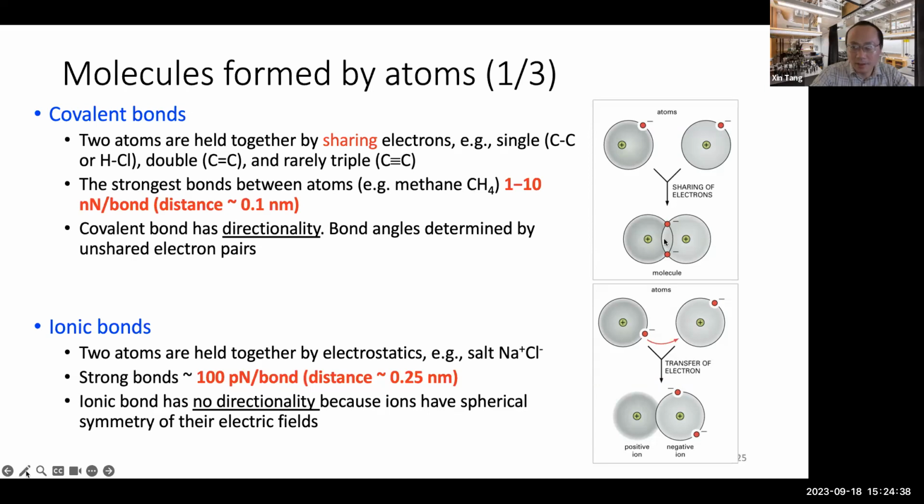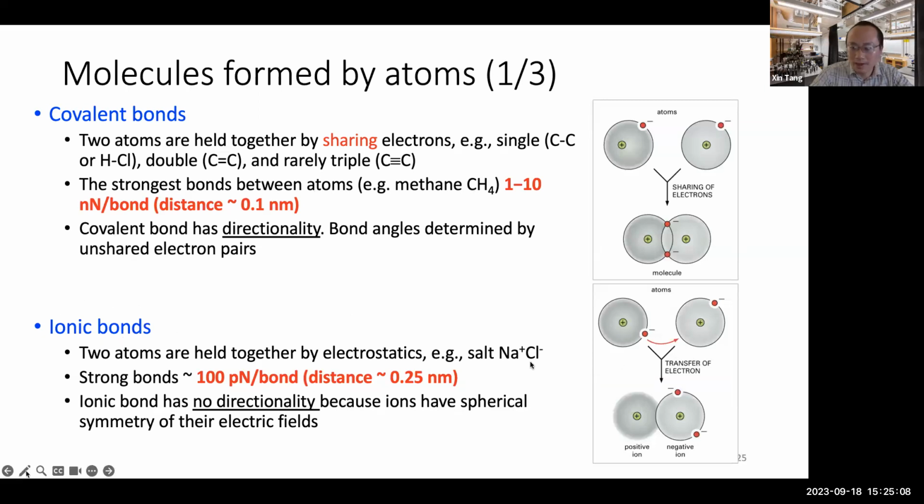For the covalent bond, the two atoms are quite equivalent; they cannot defeat each other. But for the ionic bond, one atom can very obviously defeat the other and grab its electron. Once it grabs that electron, it becomes very negative, and the one stripped of the electron becomes positive. Then they can attract each other and form a bond that is called an ionic bond.